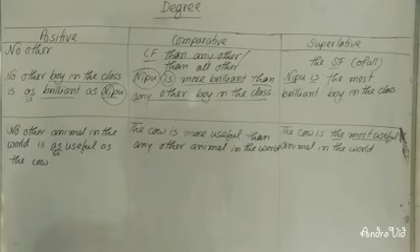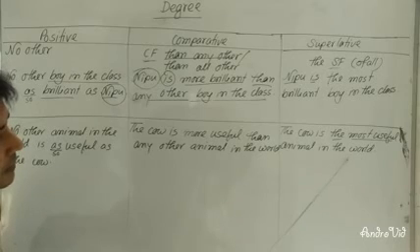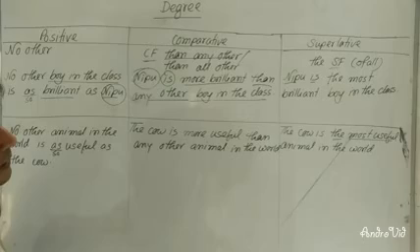If you write "all other", then you will write the plural form of the noun. Then: the cow is more useful than any other animal in the world. And if you write the plural, then: the cow is more useful than all other animals in the world. Then: the cow is the most useful animal in the world. You can see that I have written "the", then the superlative form after the subject and verb.